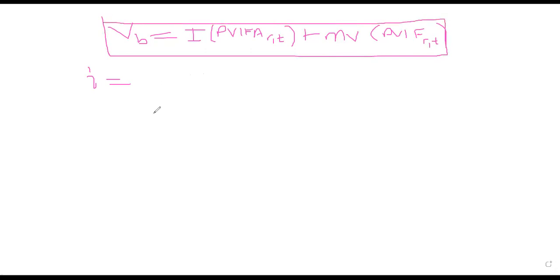A coupon bond has what is called coupon interest. This coupon interest is what we are actually interested in, how much I'm earning on this bond. If I multiply this coupon interest times the maturity value, what I'm getting is capital I. This capital I is called the coupon value or the coupon payment.